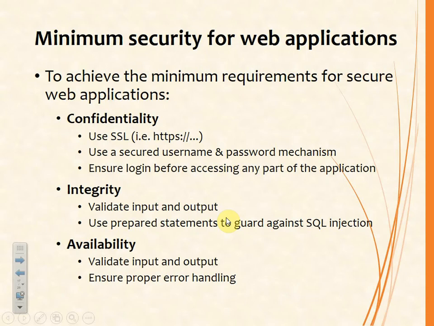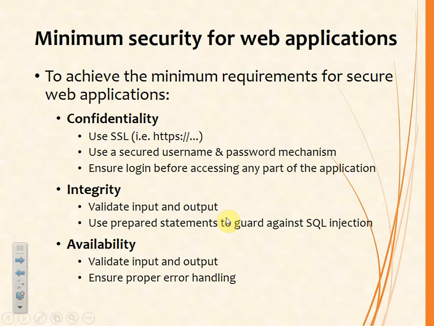We talked briefly about CIA in terms of general security goals. Now let's apply them to our web applications. So for confidentiality, use the secure socket layer, use a secured username and password mechanism, which we've talked about just now. And what we're going to talk about in a few minutes is ensuring that login has taken place before any part of the system can be accessed.